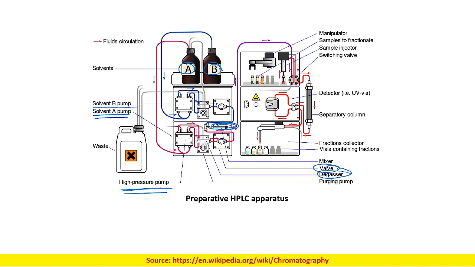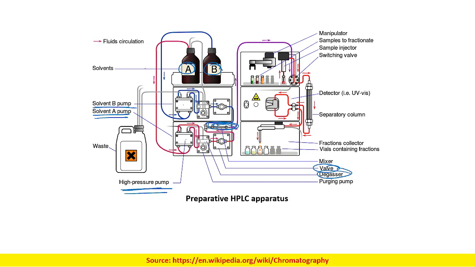Due to this reason, we need to prepare these hydromethanolic or hydroethanolic solvents of different compositions while doing the analysis. So this mixer and these valves help us in making a mobile phase of definite composition. Okay. So if you are having a definite composition, it will have a definite hydrophilicity or definite hydrophobicity.